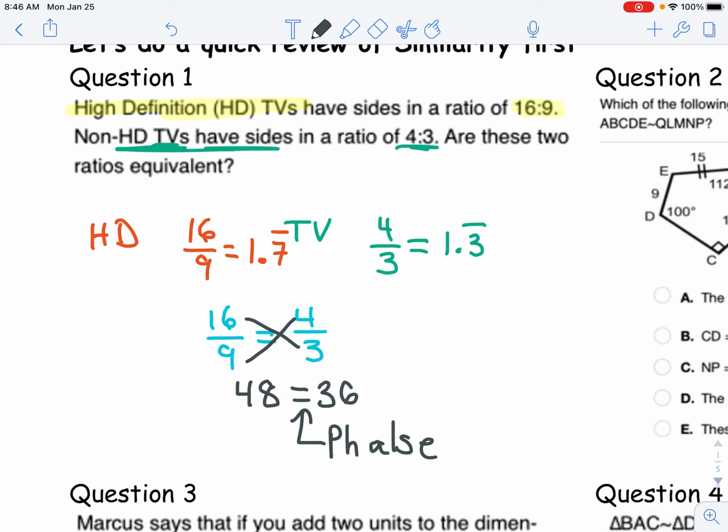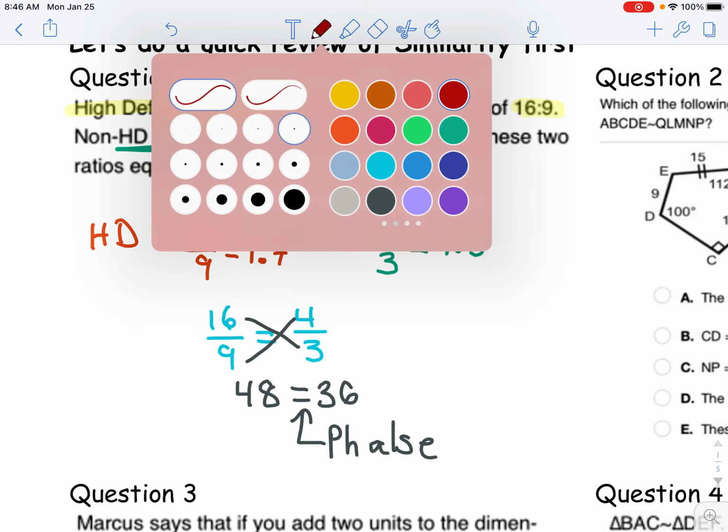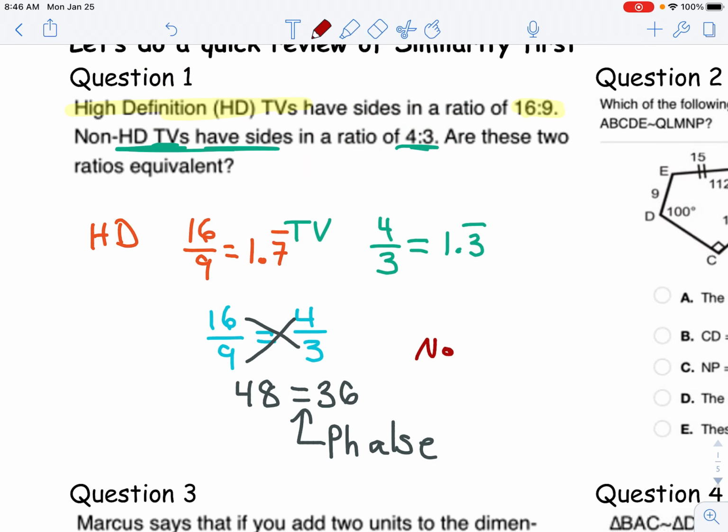A Dublin student might think that, or someone from Worthington, but us people in Hilliard, we know that's just false. So no, the ratios are not equivalent. So the TVs are actually not proportional.